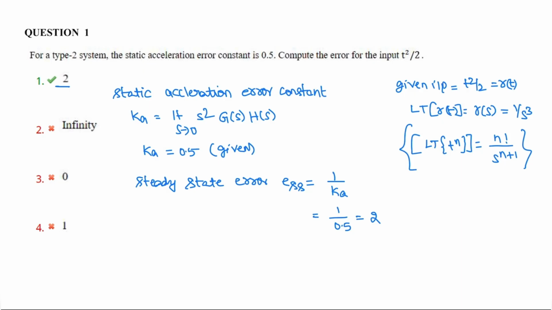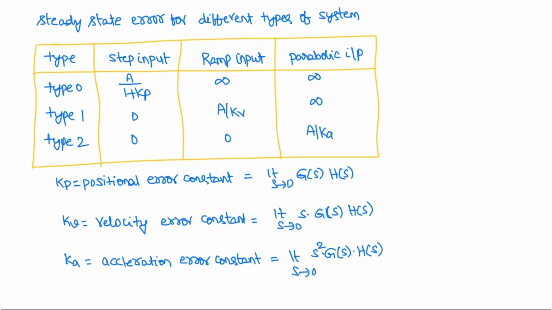Let us see some more points related to steady state error for different types of systems. For type 0 system with step input, steady state error is A by 1 plus Kp. For type 0 system with ramp input, steady state error is infinity. Similarly for the parabolic input.